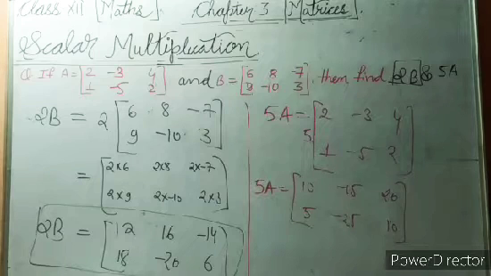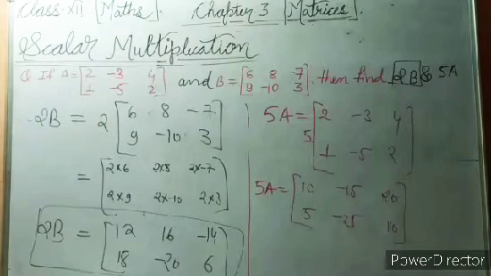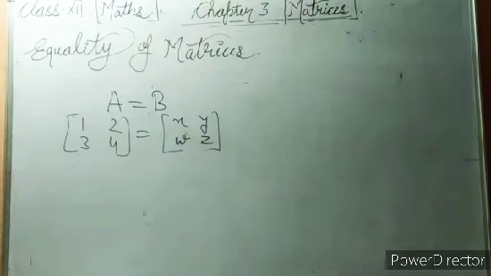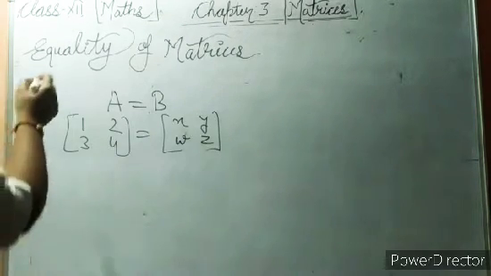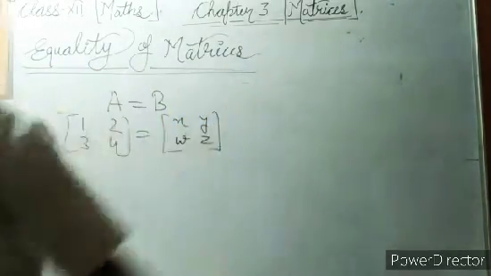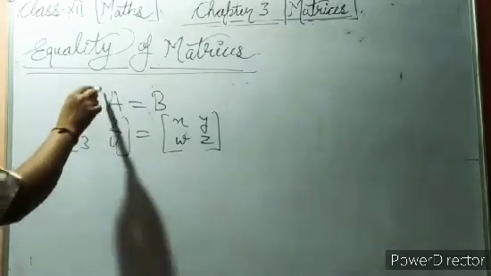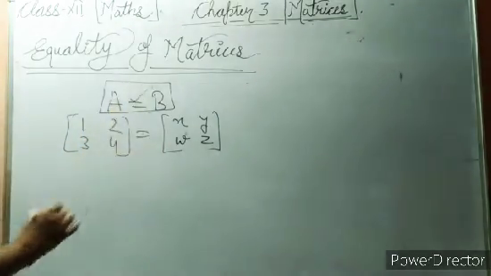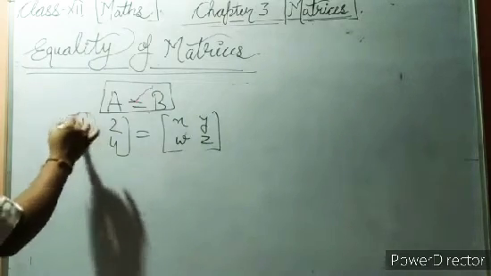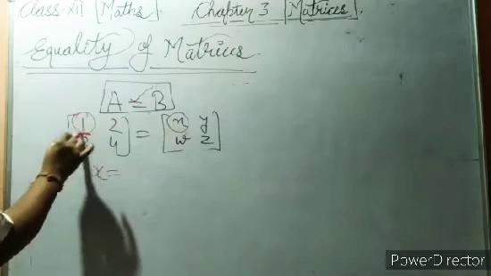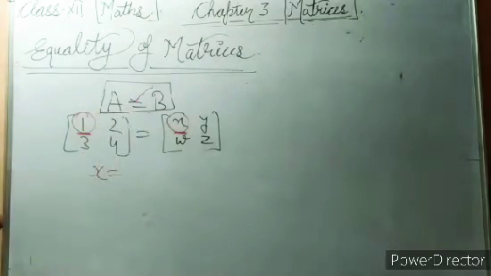Now we come and solve more examples. This concept is also very important. If the question says equality of matrices, what is the meaning of equality? You see here the question says A is equal to B. That means the element in the first row and first column of the first matrix is equal to the element in the first row and first column of the second matrix.